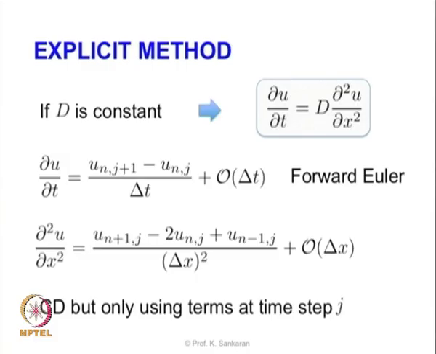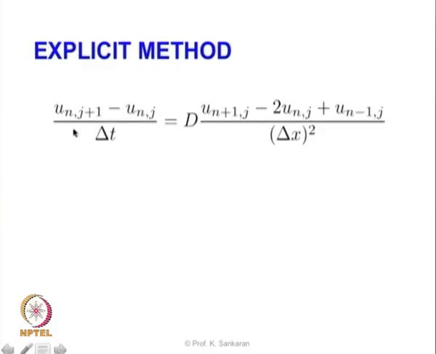So what we have got now is u(n, j+1) minus u(n, j) divided by delta t, that is equal to d times u(n+1, j) minus 2 u(n, j) plus u(n-1, j) divided by del x square. As you can see, this is the second order partial differential with respect to x for which we have used the central differencing scheme, and here we have done the forward differencing scheme.